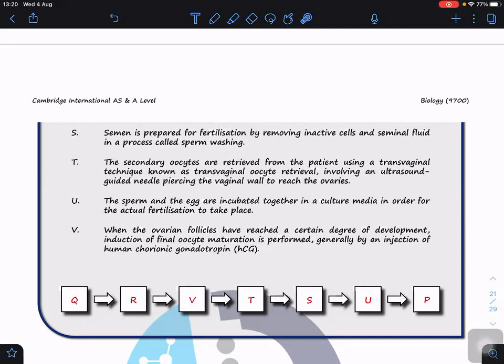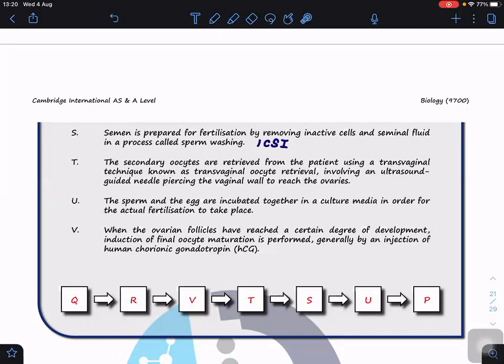It's not a natural process. We inject the sperm into the cytoplasm of the secondary oocyte. This is the method to increase the success rates. Okay, wait, I will show you.